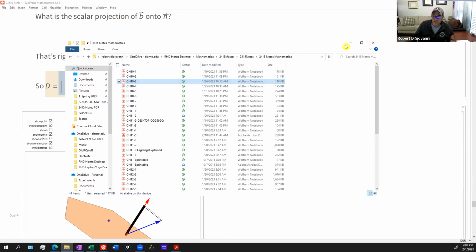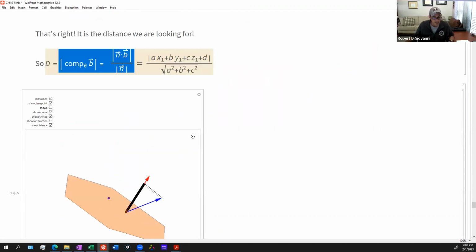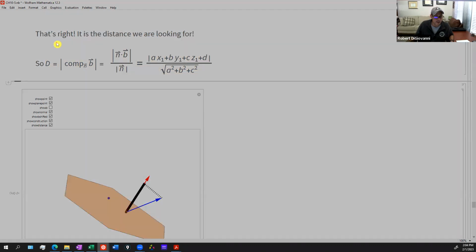But I'm using different letters because the blue vector here is the one we are projecting onto the red. The blue vector is the vector that we came up with that went from one point to the other. So in this problem, we call that vector the B vector. And then the N vector is the normal vector. That's the one you're projecting onto. So that is this one. And then you divide by the length of N. So I'm going to need this formula right here.